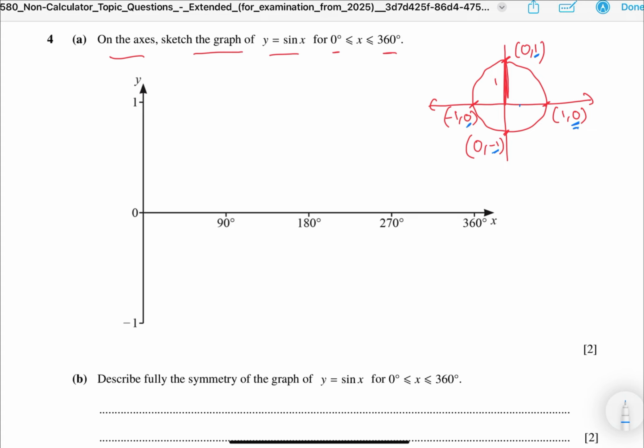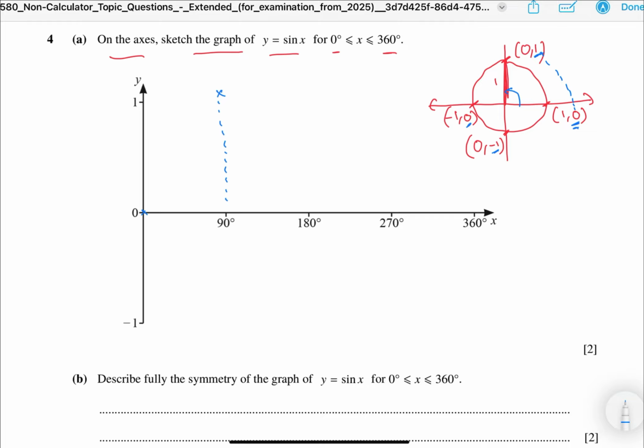So if I go from 0 degrees to 90 degrees, the value of sine is increasing from 0 to 1. The value of sine at 0 degrees is 0. Once I reach 90 degrees, the value becomes 1.